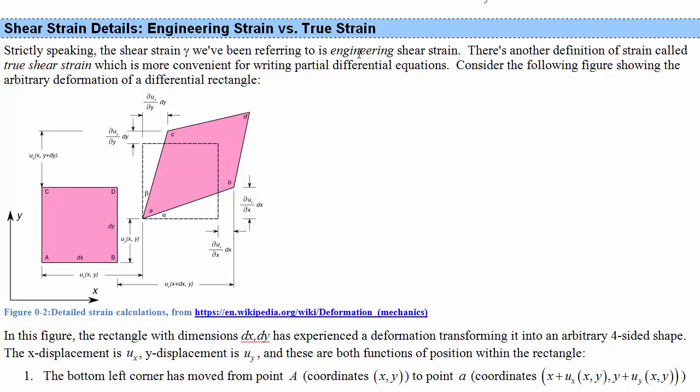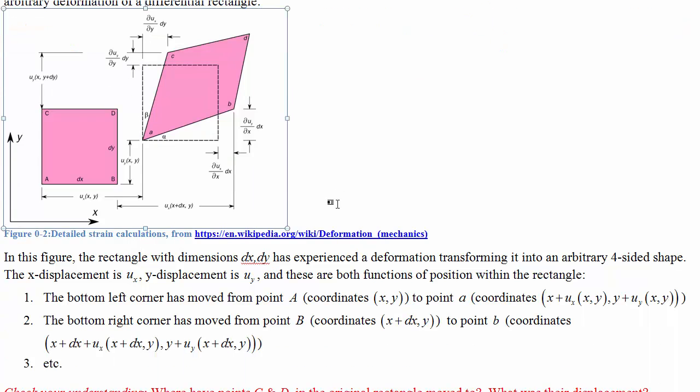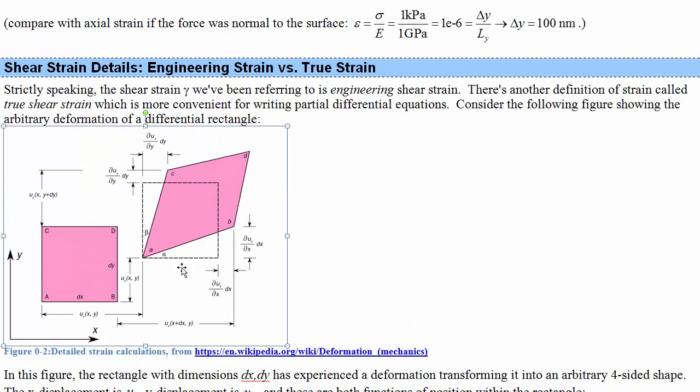Shear strain details: engineering strain and true strain. Strictly speaking, the shear we've been talking about is engineering strain. There's another definition, which is the true strain. So consider this arbitrary deformation of the material where A goes to little a, B goes to little b, etc., for C and D. The displacement is written as U subscript X and U subscript Y. And so the deformation can depend on which part in this differentially sized material we're looking at.